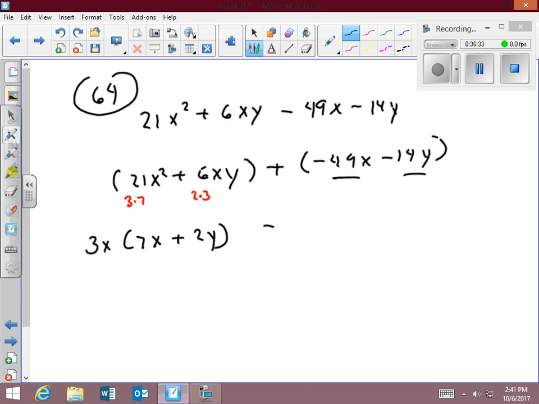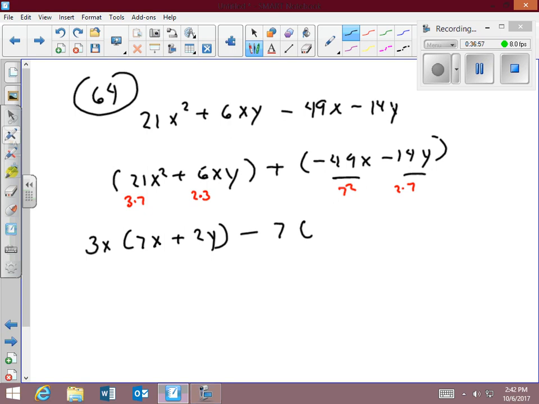And then I would do a minus. That plus will change to a minus. If you prime factor this, this is 7 squared, and this is 2 times 7. So what's going to come out in terms of the numerical coefficient? A 7's going to come out.